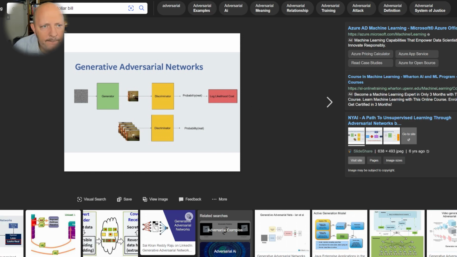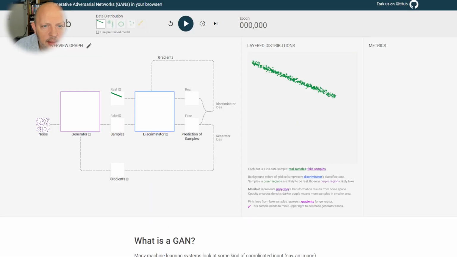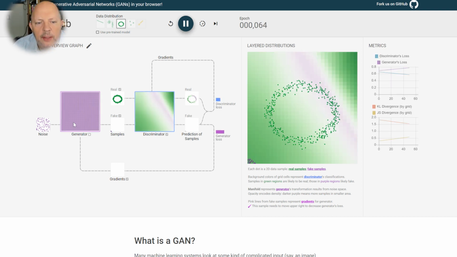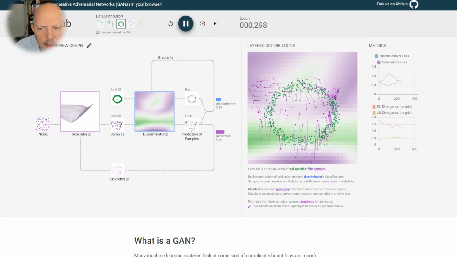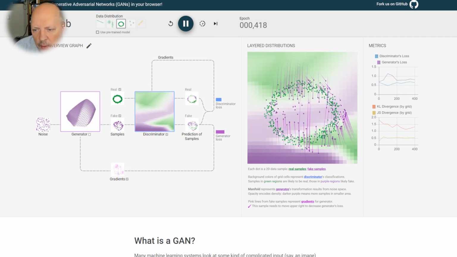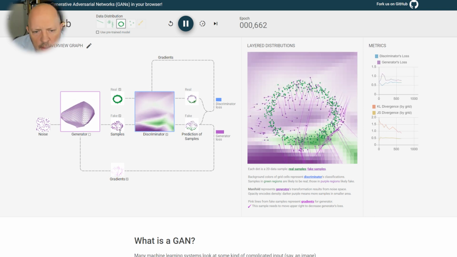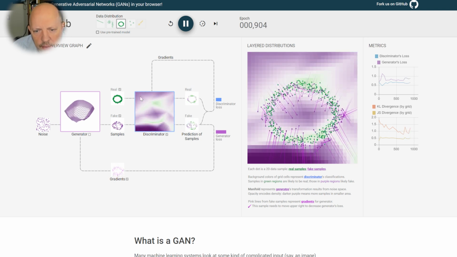Okay. Well, I found a GAN lab. So cool. So if we want to make a circle, that is our goal, to make a circle. The generator is just going to throw a bunch of random data, kind of. And you see, hey, here, the machine says, go this way, go that way. This is how you make a better circle. So here's what it sends to the discriminator. The discriminator says, nope, this is not right. Here's a real one.